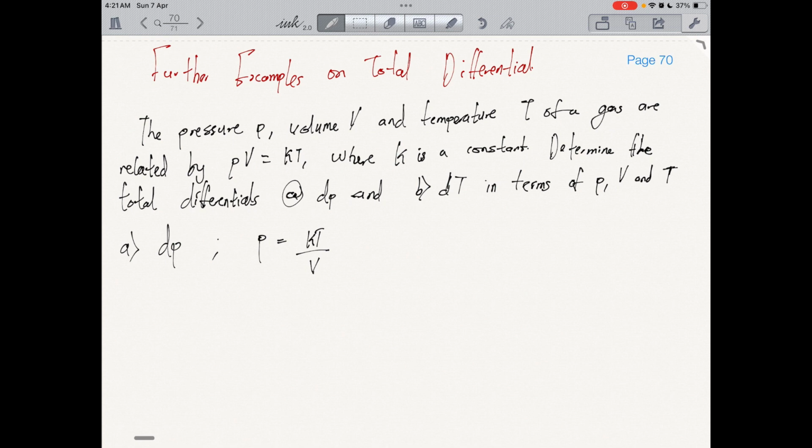So we can write our expression of dP to be equal to the partial derivative of P with respect to T multiplied by dT, plus the partial derivative of P with respect to V multiplied by dV, because P is a function of T and likewise of V.